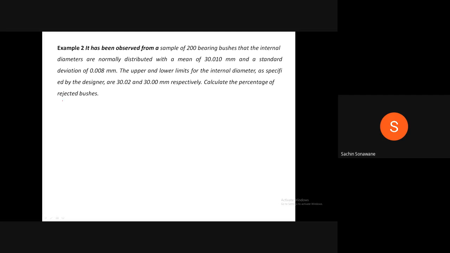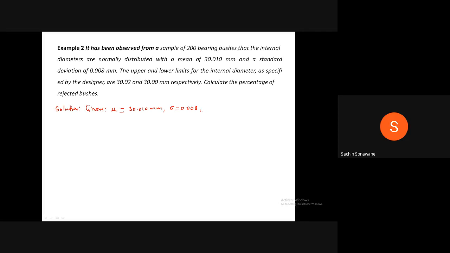Solution. Given. Now they are given mu, that is mean. They are given mean is denoted by mu, 30.010 mm. Then standard deviation they are given, that is sigma, 0.008.